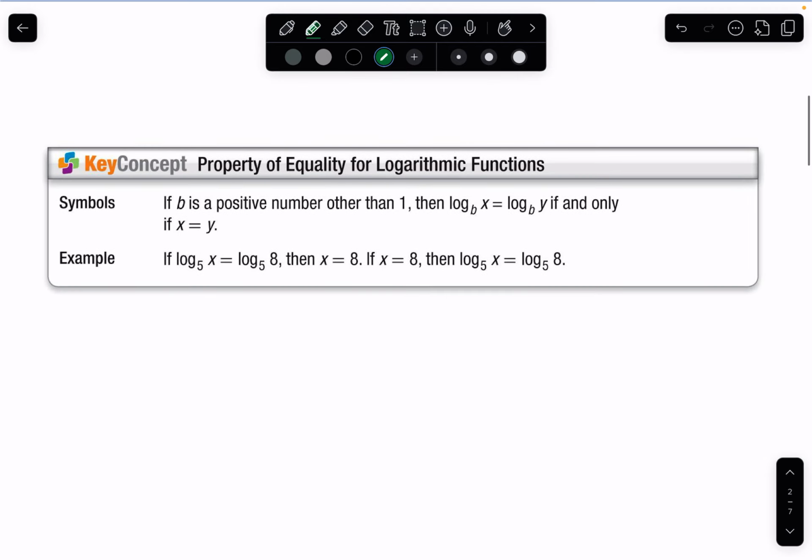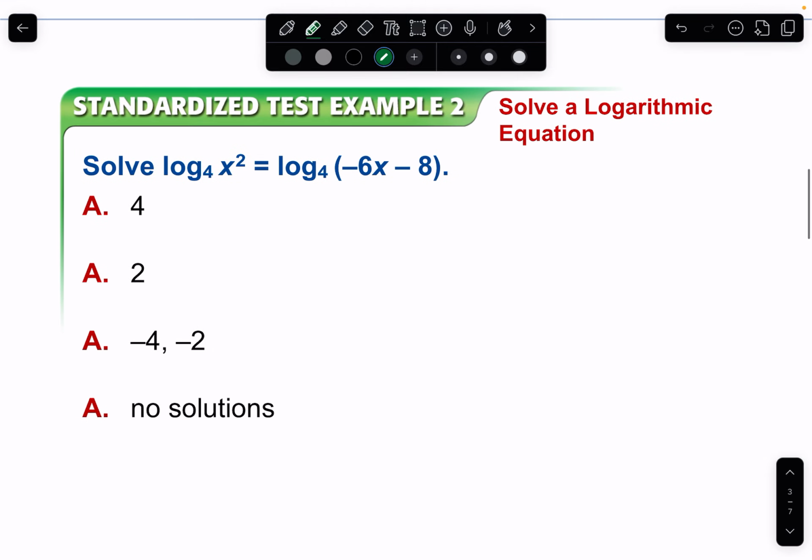Moving to example 2. Example 2 is solving something a little bit more complicated. So you have log 4 x squared is equal to log 4, and then in parentheses negative 6x minus 8. Because there's a log 4 on both sides, and the reason this works is that log 4 in parentheses is really multiplication.